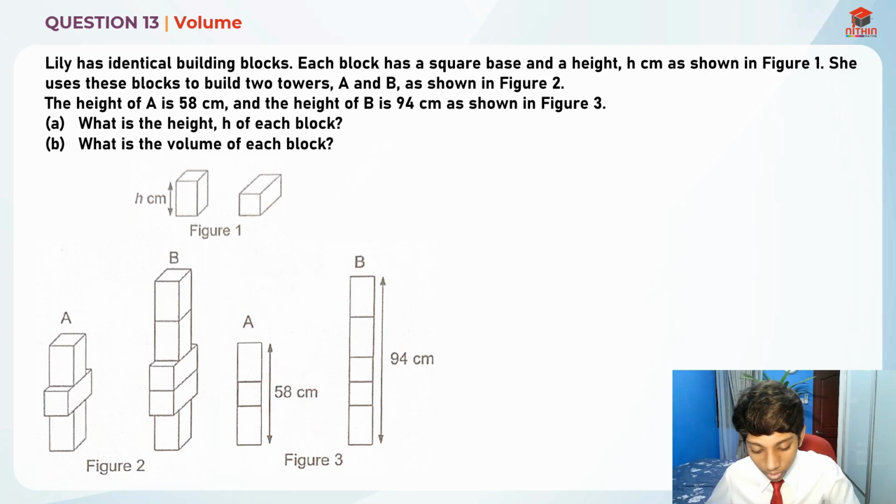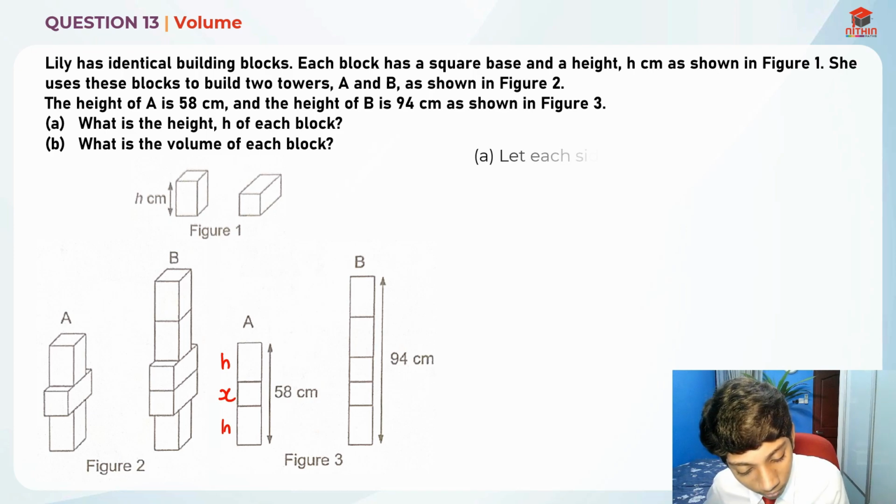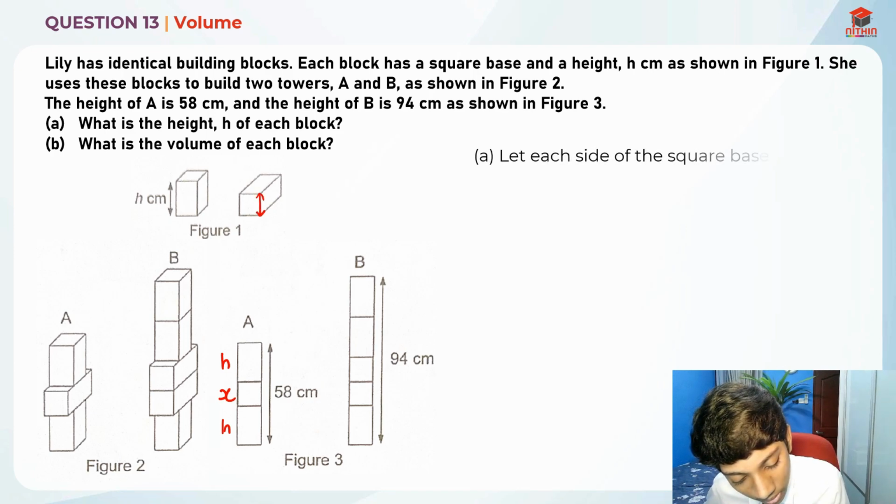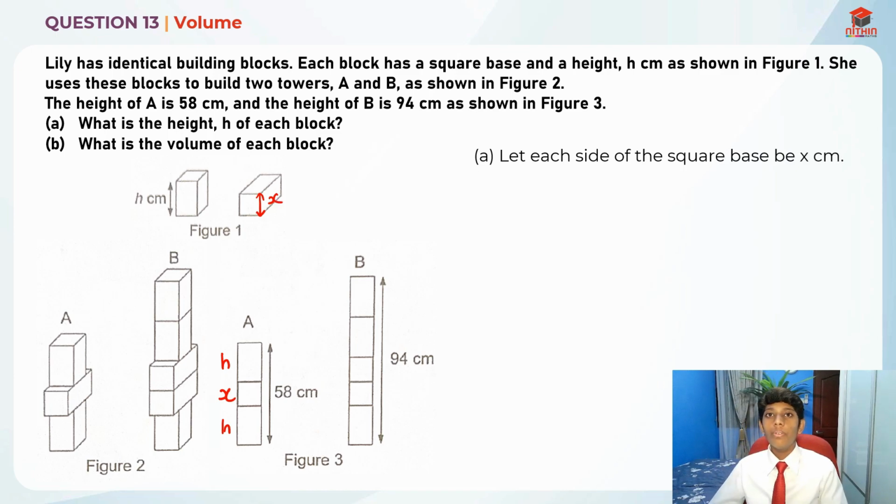So h over here and h over here, and this is the square base. Let me label the length of the square base as x for now. The height of B is 94 cm as shown in figure 3.